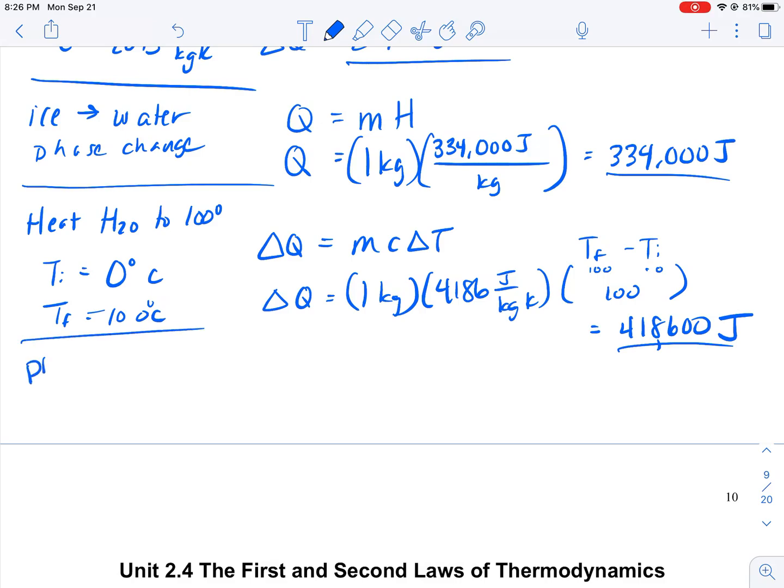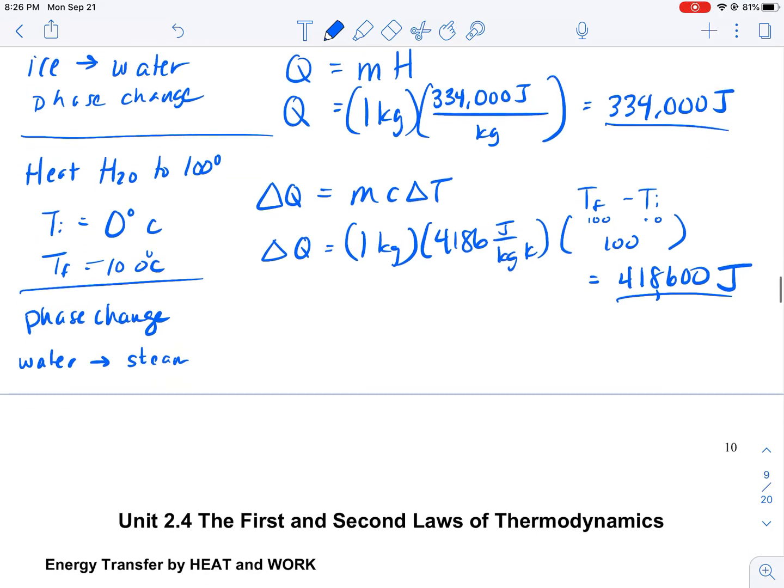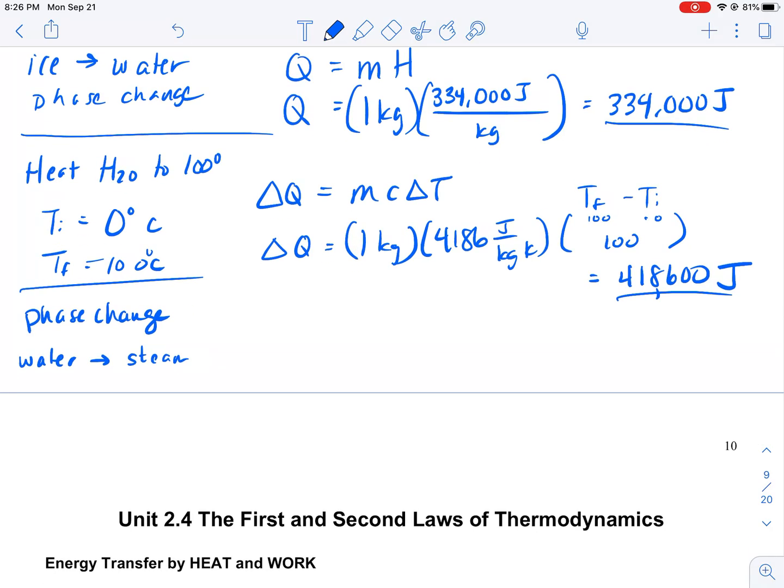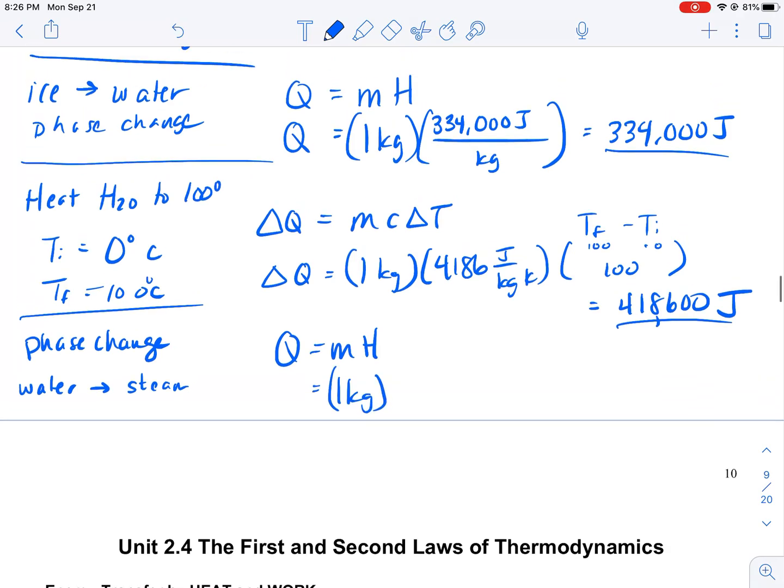Okay, and finally, I have to actually do the phase change. Who knew water was doing all this work? From water to steam or water vapor. I guess it's actually water vapor, isn't it? My chem is a little rusty. So again, Q equals MH.